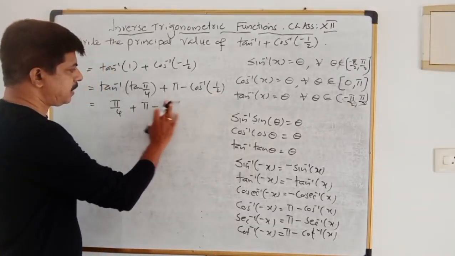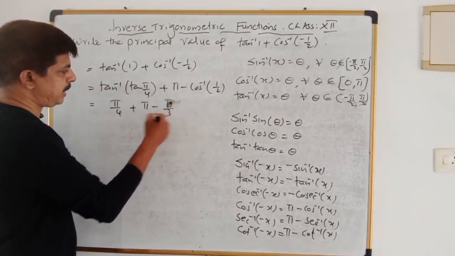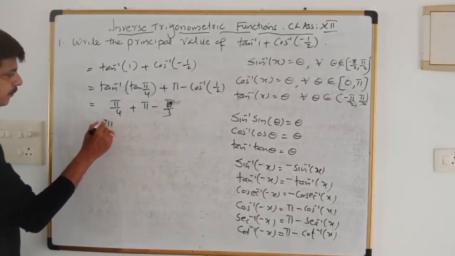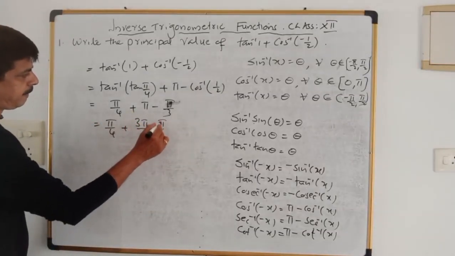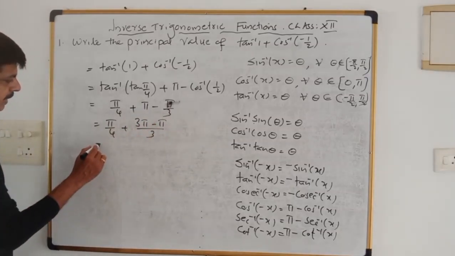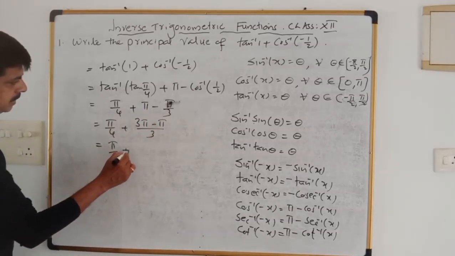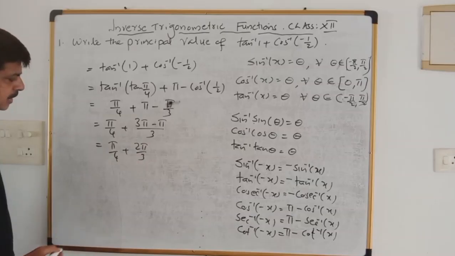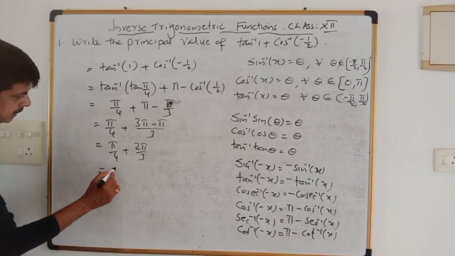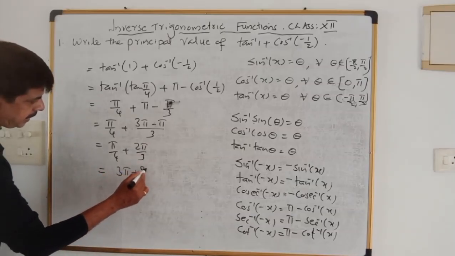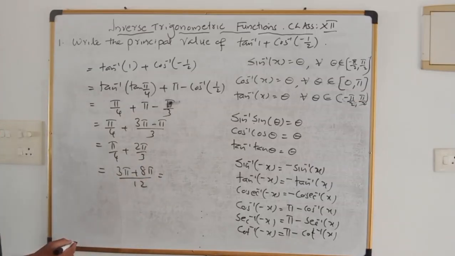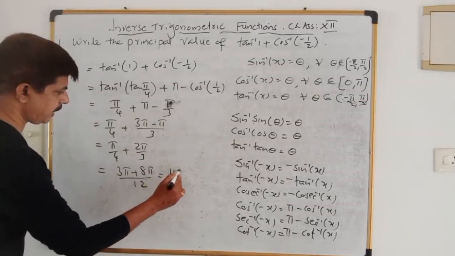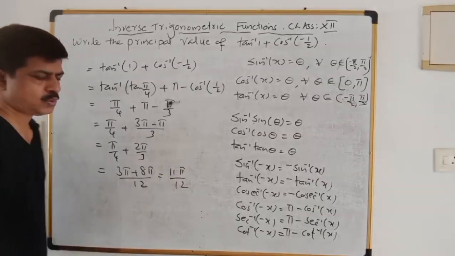So we have pi by 4 plus pi minus pi by 3, which is pi by 4 plus 2 pi by 3. Taking the LCM, 3 pi plus 8 pi divided by 12. So what is our answer? Our answer is 11 pi by 12.